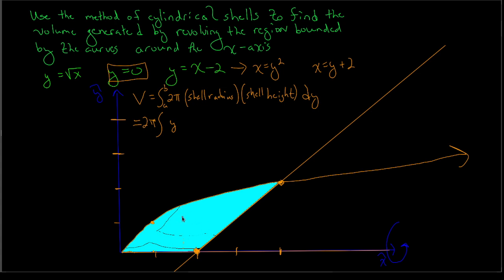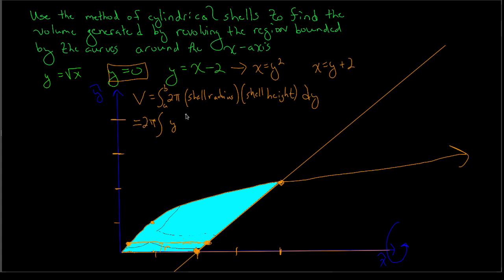And so now I need to figure out the shell height. And the height will be, as I move across in y, it'll be this element here minus here. So that will be my rotating shell. That's some radius away. So I rotate each of these shell elements. My height is this function minus this function.